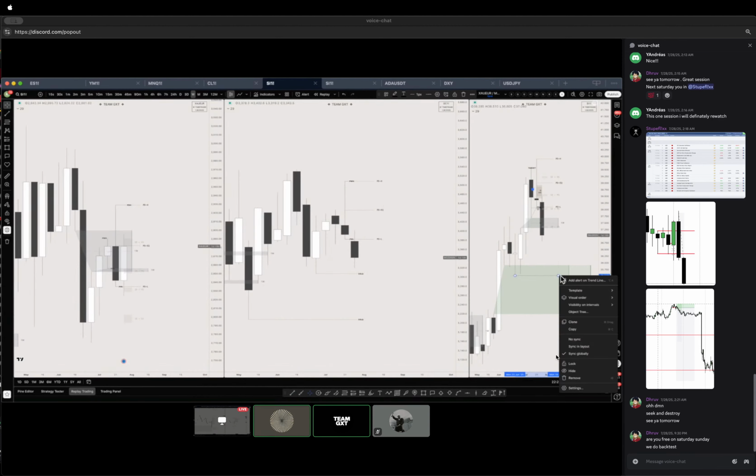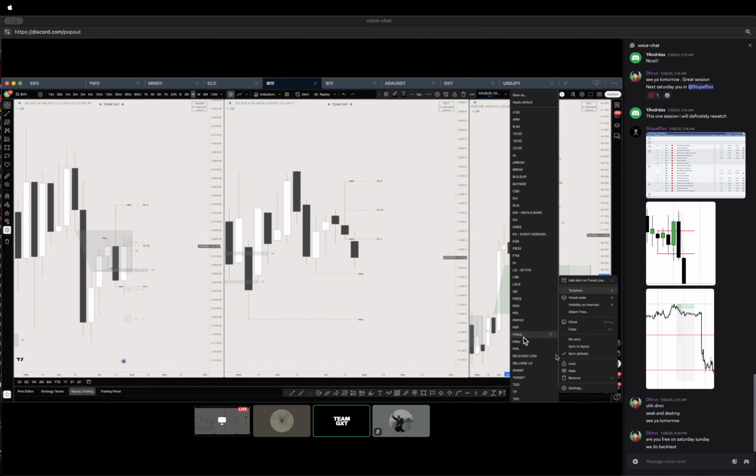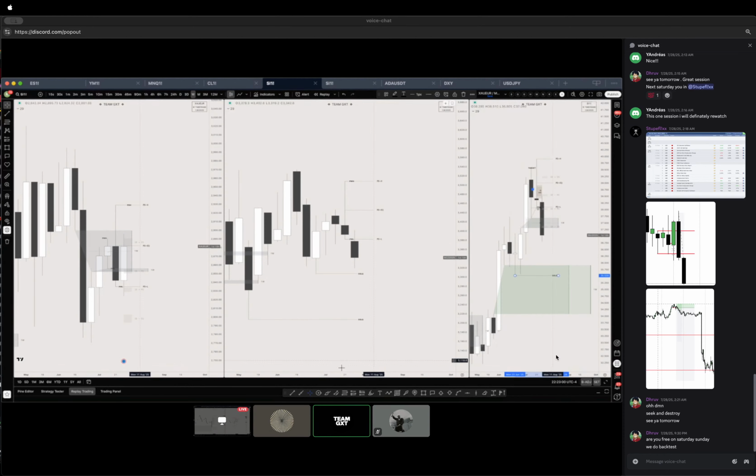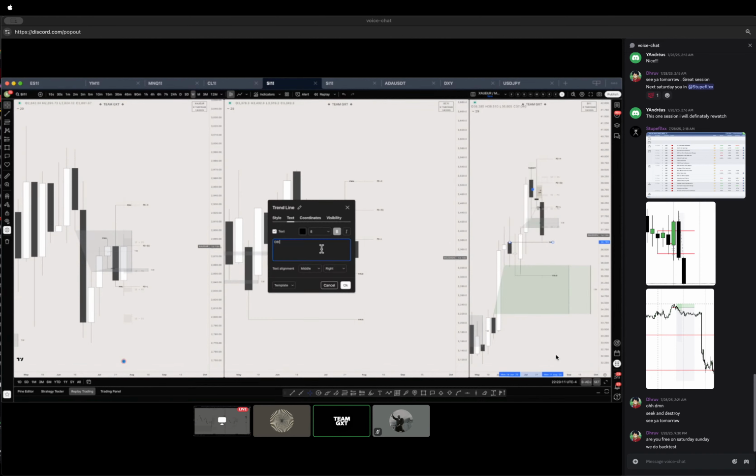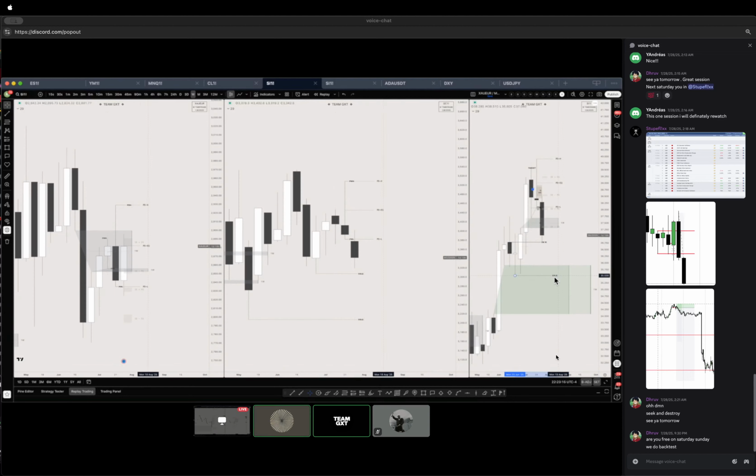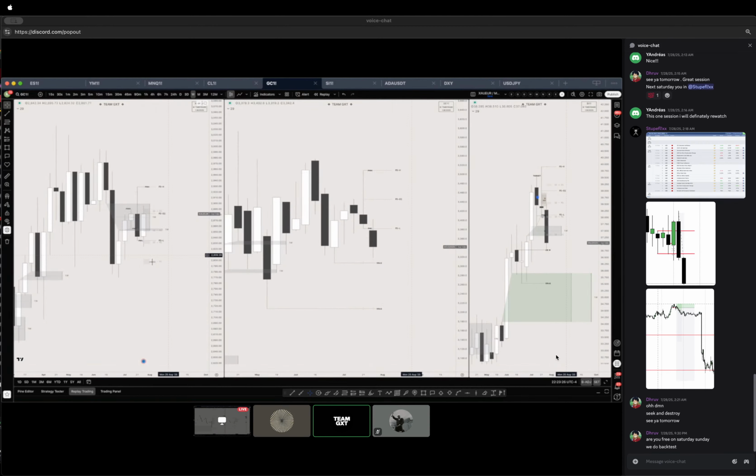As for key levels, we just have this here. And I guess we have this order block, weekly order block. All right, let's look at the daily.